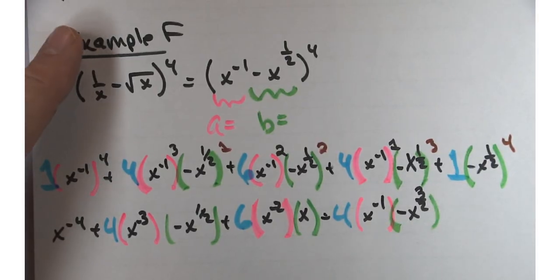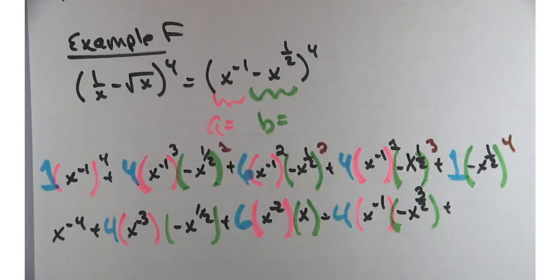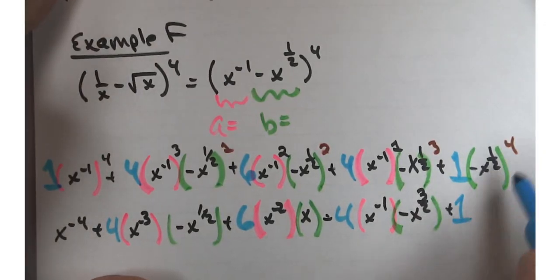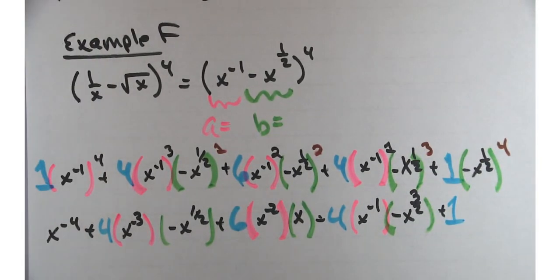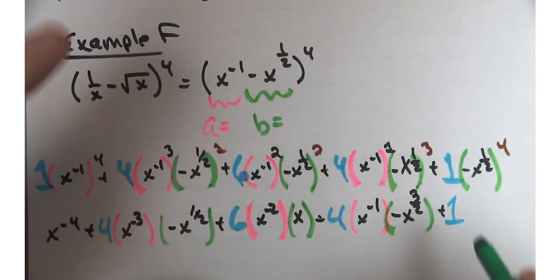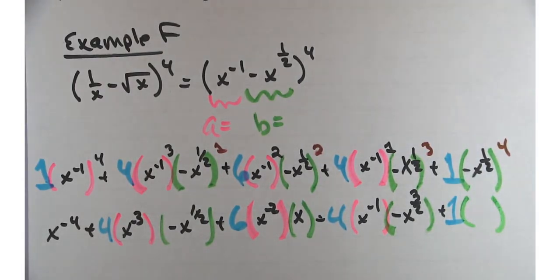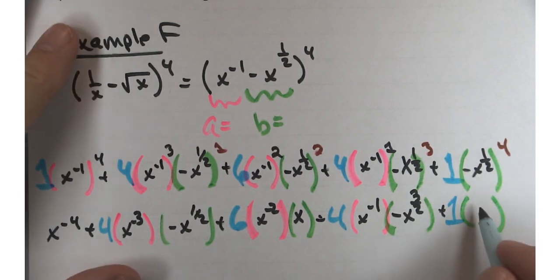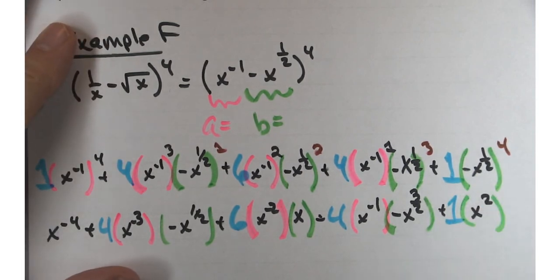And last but not least, I got to raise this to the 4th power. First things first, what's the exponent? 2. Nice. Is that a positive or negative? Well done. You've got an even term there.